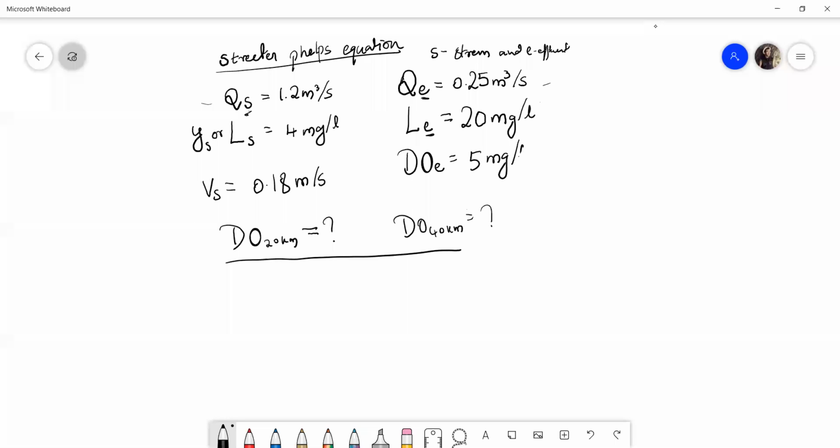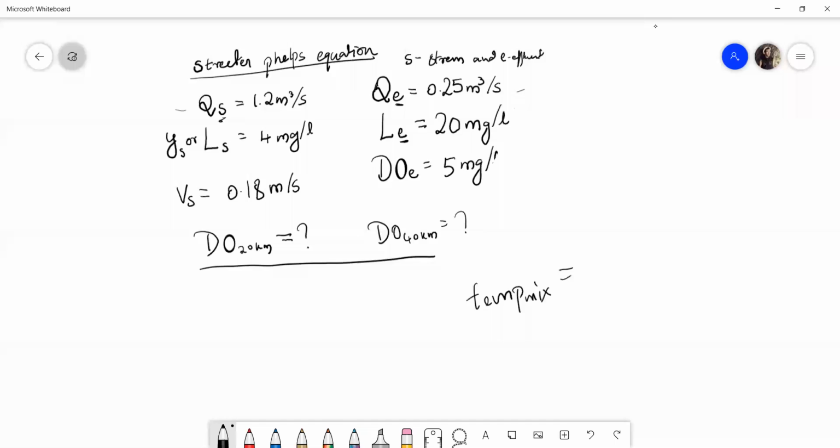Do you remember that? Please let me know. I don't know whether you're understanding this or not, because it will be difficult for me to explain until you understand this concept. In the previous one, we had found out temperature mix, right? There were two different temperatures. One was for the stream, another one was for the effluent.